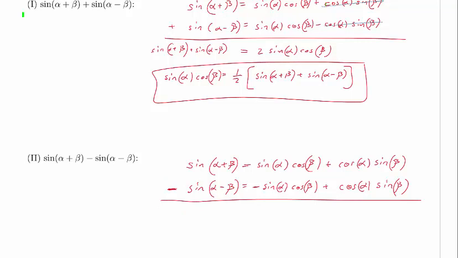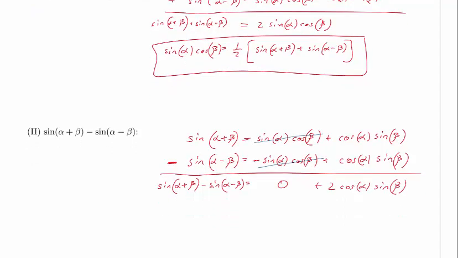All right, so let's go ahead and perform this operation. On the left-hand side, sine alpha plus beta minus sine alpha minus beta. Note that right here, these two now cancel out, so all we're left with is the next term. So we have 2 times cosine alpha sine beta. Solve it for the products.